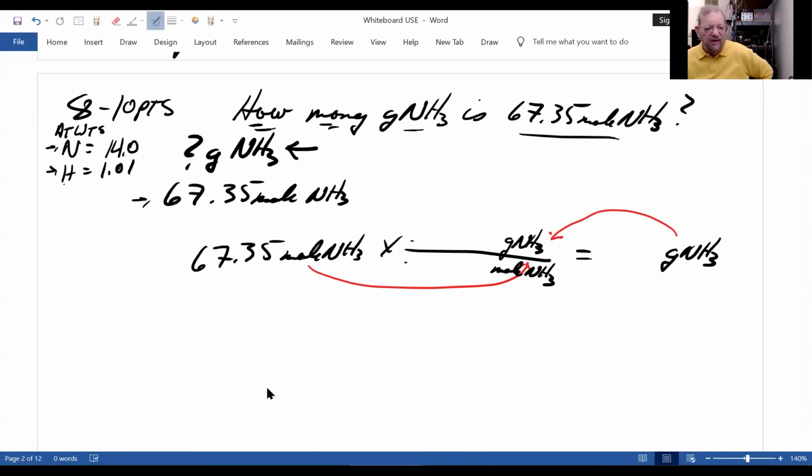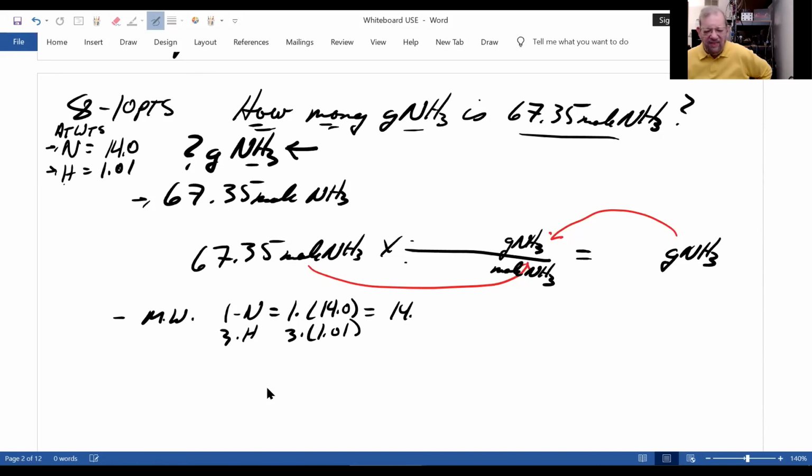I use MW as my abbreviation for molecular weight. You have 1 nitrogen, 3 hydrogen. Each nitrogen has an atomic weight, to 3 significant figures, of 14.0. Each hydrogen has an atomic weight of 1.01.